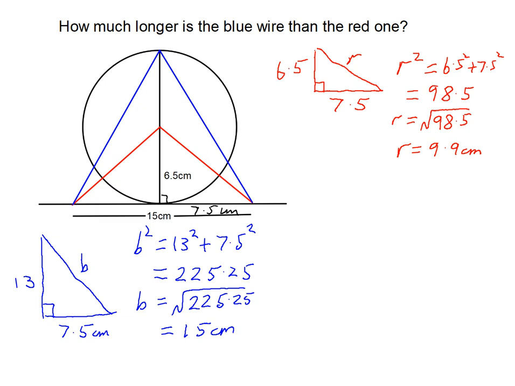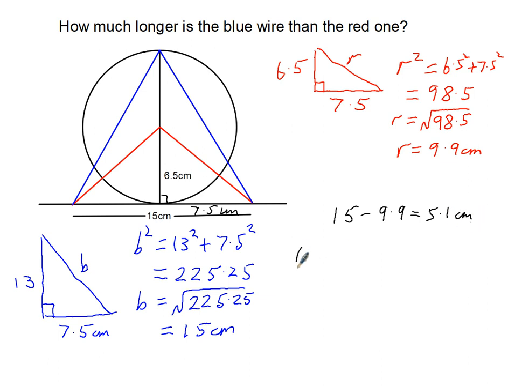Okay. So the difference between the two lengths of wire for one side of this diagram is going to be 15 minus 9.9. So the difference for one side is 5.1 centimetres.